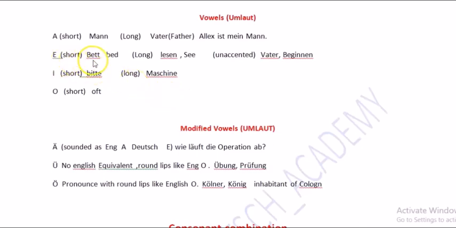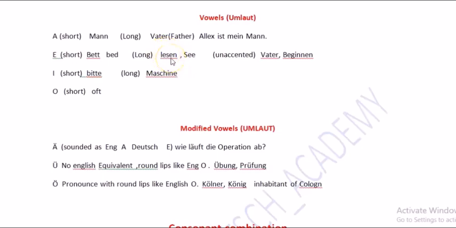In short form, for example, we say Bett. Bett means bed. So here it is shortly pronounced. And the next one, when it comes in such a word, is pronounced long. For example, here it is pronounced as lesen. Lesen, it is a bit longer.